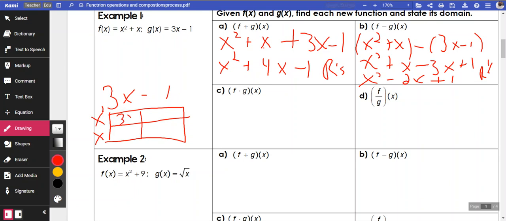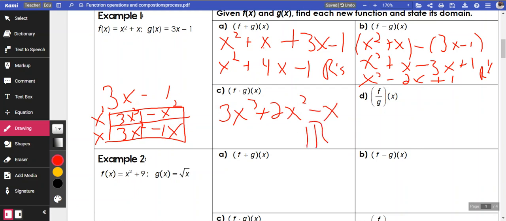This gets me 3x cubed, this gets me negative x squared, this gets me 3x squared, and that gives me negative 1x. So when I add it together, I get 3x cubed plus 2x squared minus x. And that's a polynomial, so my domain is all reals.